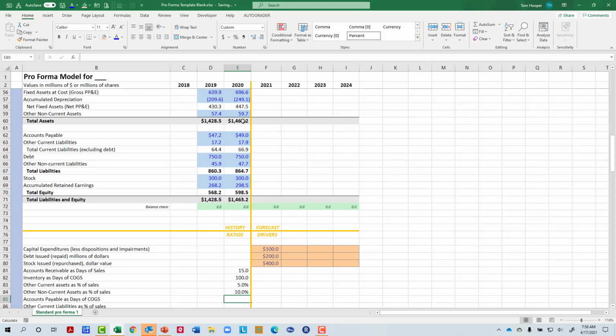And accounts payable as days of cost of goods sold. Same thing as we did above, like the inventory. We'll take that number and divide it by not E16, which is cost of goods sold in a year, but that divided by 365, which is cost of goods sold in a day, and then put our negative sign there since that's an outflow.